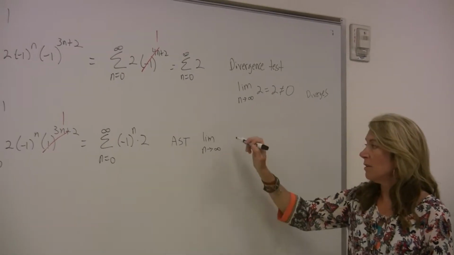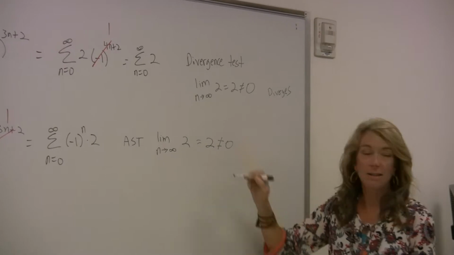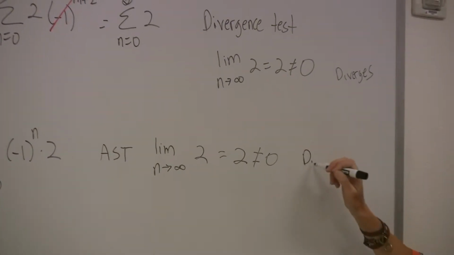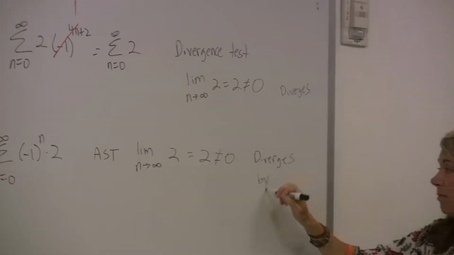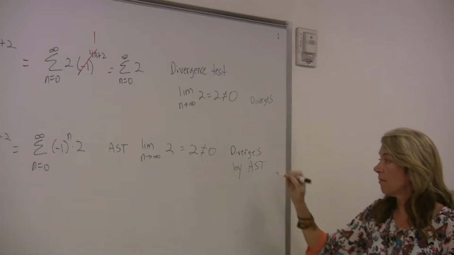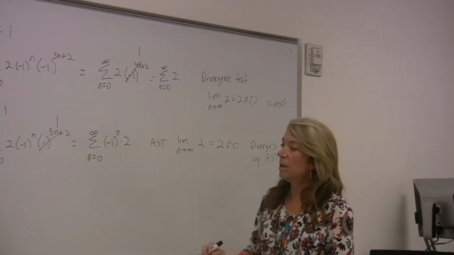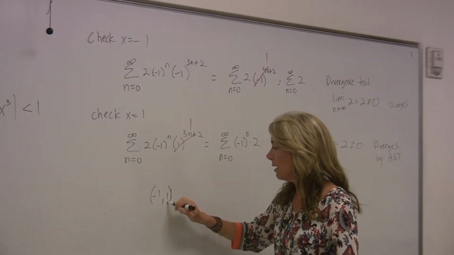The limit as n goes to infinity of 2 is equal to 2, and that's not 0. That one diverges too. So my interval of convergence is -1 to 1, with neither endpoint included.